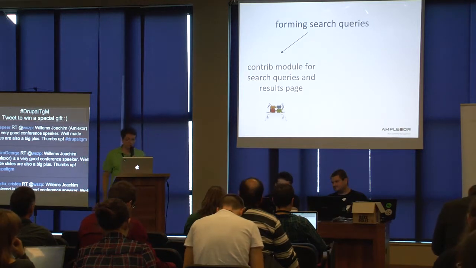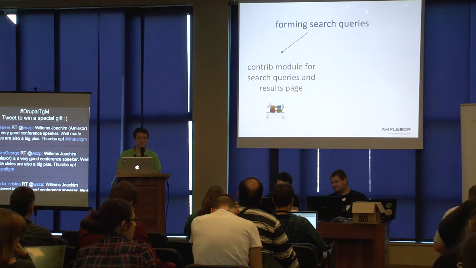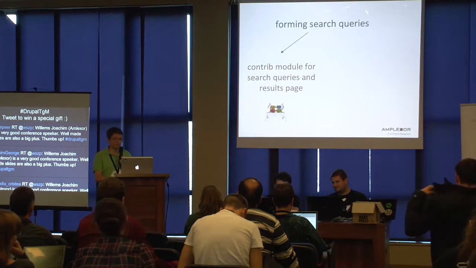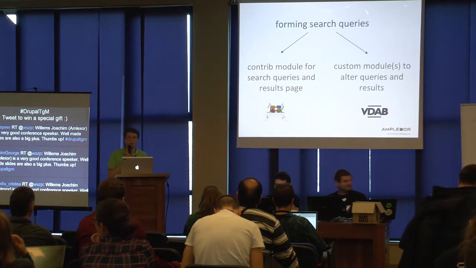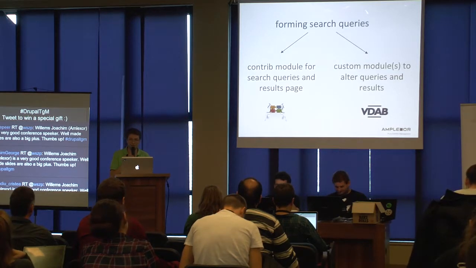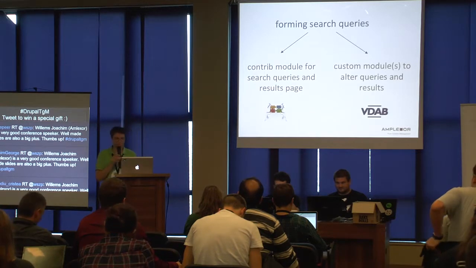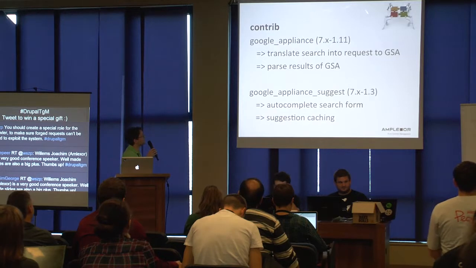Forming search queries. We're using, of course, a content module for this, and also for the results page. We're using custom modules to alter the queries we are actually sending to the appliance, and to alter the results we get from the appliance. These are the content modules we're using.